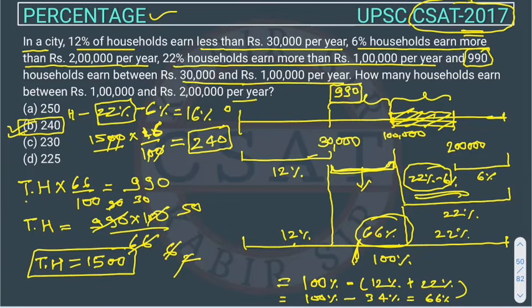So now we will calculate the total household. It will come out 1500. Now we also know that the people earning between 1 lakh and 2 lakh will be 22% minus 6%. So that will come out 16%, right? So now we have to calculate just the 16% of 1500, right? So it will come out 240.